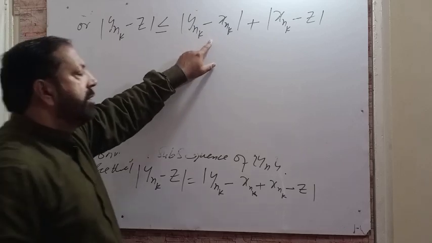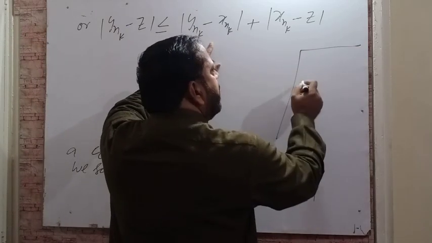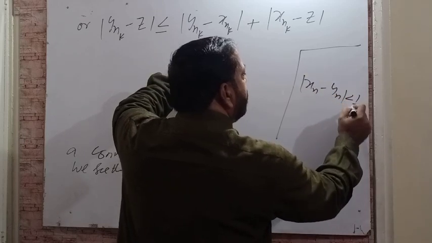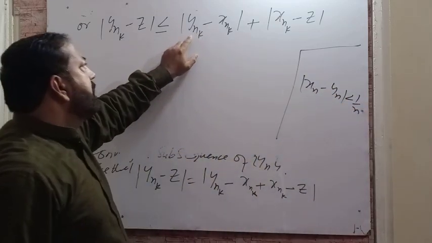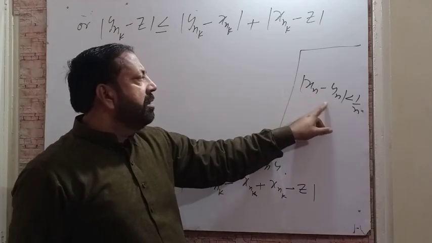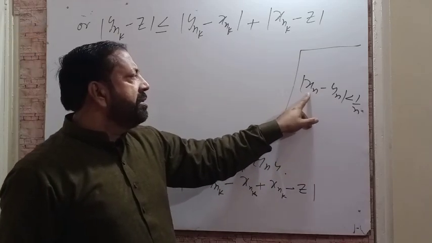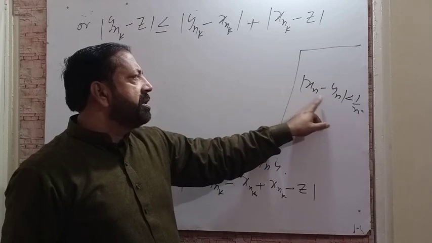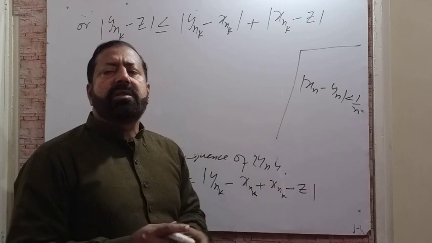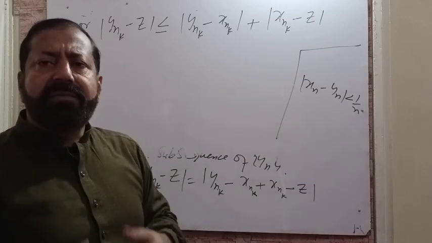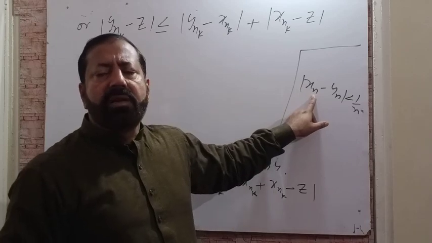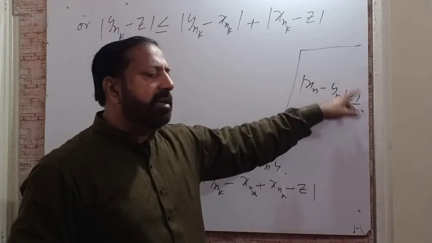You know that you have assumed that |xn minus yn| is less than 1 over n. These are subsequences of xn and yn. Since for the supersequences the deviation xn minus yn is less than 1 over n, the subsequential terms are in fact terms of these sequences as well, so they must satisfy this condition.